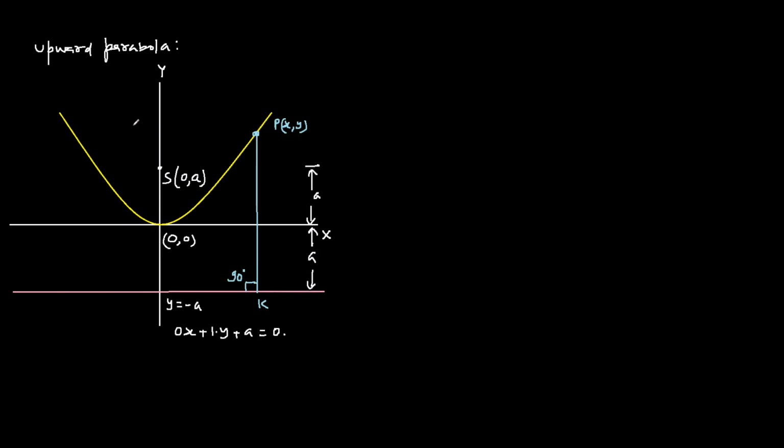PK is the perpendicular distance, and this PS is the distance of point P from the focus. So for a parabola, PS over PK is e, which is equal to 1. So PS is PK. Now we can find the distance of the 2 points, which is x minus 0 square plus y minus a square.